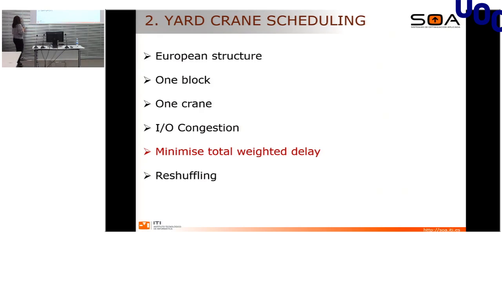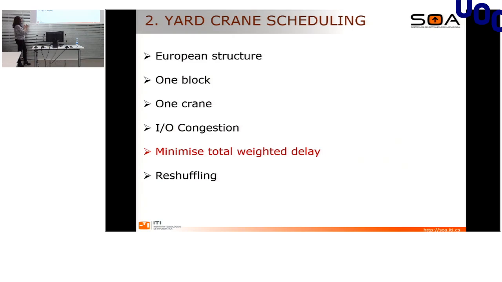We are going to consider reshuffling not as an optimization problem, just as a constant. It means that if I have to extract a container from the yard and this container is not on the top of the block, I have to move the containers above it.